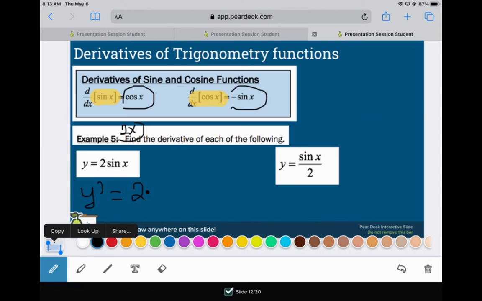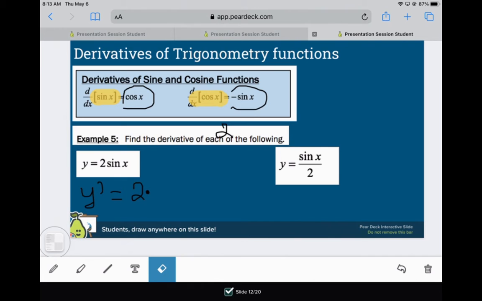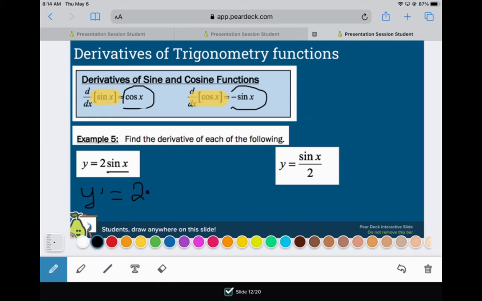Unless the 2 is by itself, then it will disappear because it turns into 0. So that's not the same, okay? Right, we know the derivative of sine is cosine. So my derivative is going to be 2 times, instead of sine, cosine.